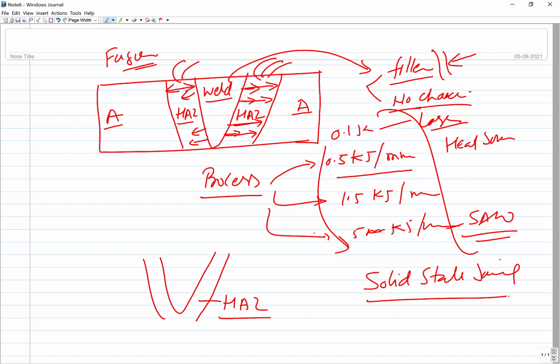Most of these solid state joining processes, except when we intentionally use a filler, are autogenous only. So the joint performance will be higher, lower, or the same as that of the base metal.